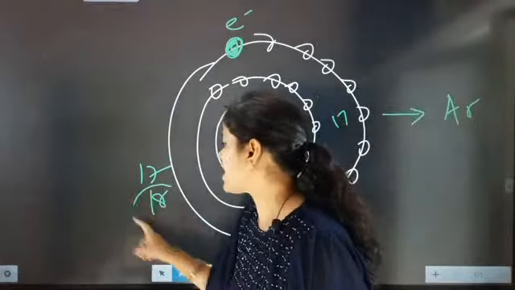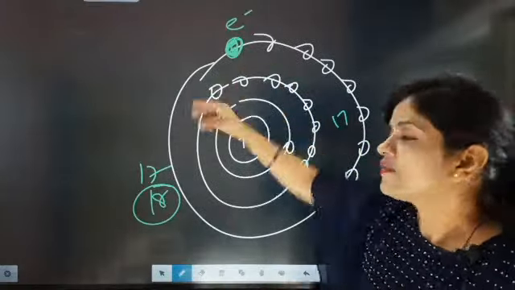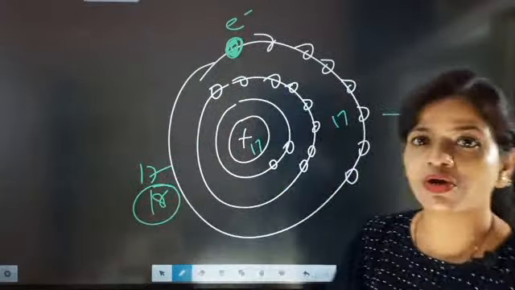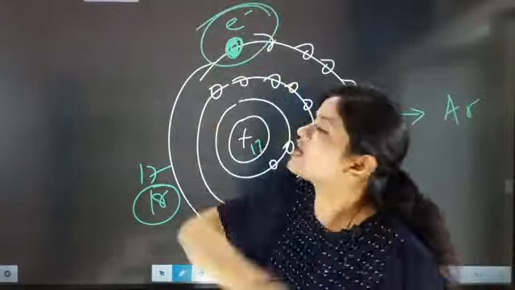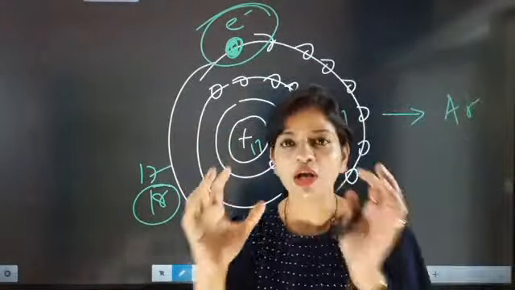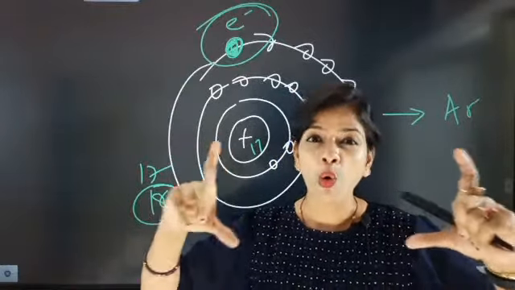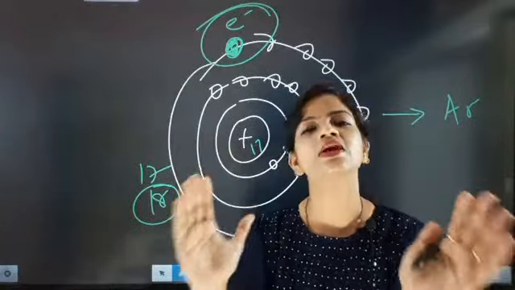Now it has 18 electrons, but the inside electrons will have a screening effect, and because of that screening effect, the outer orbit electrons are not held tightly. So instead of the structure becoming small, the nuclear charge is not effective to hold it, so it will not reduce the radius.